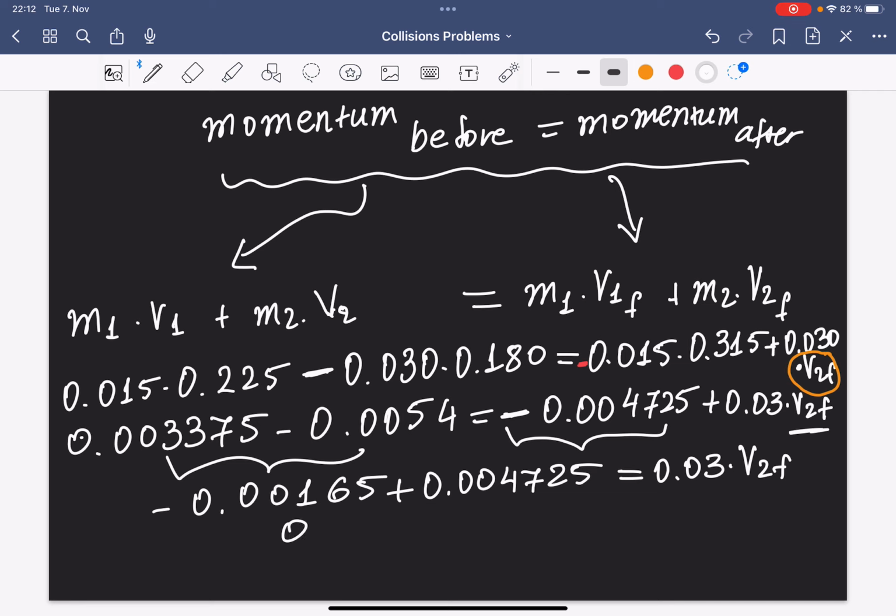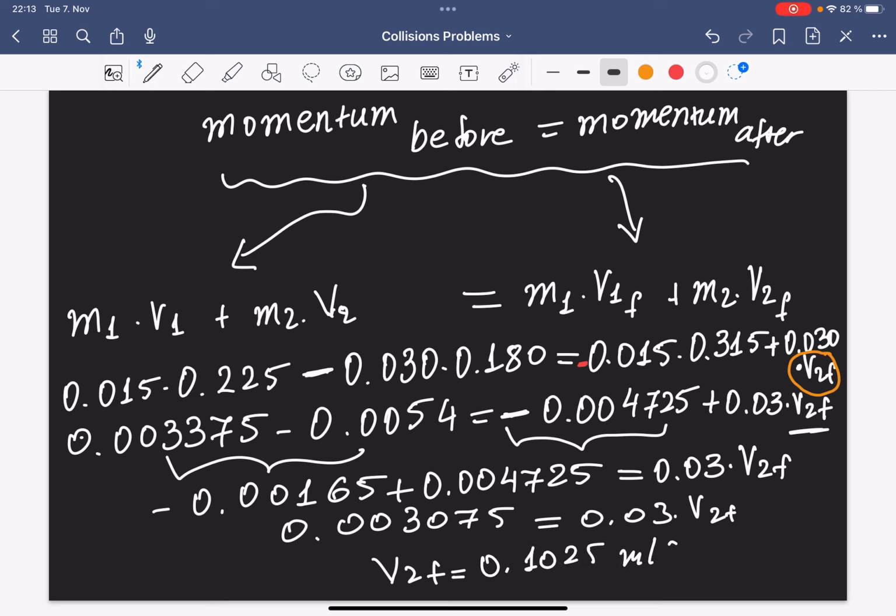So this one should be, and then if you divide 0.03075 by 0.03, then we get 0.1025 meters per second.